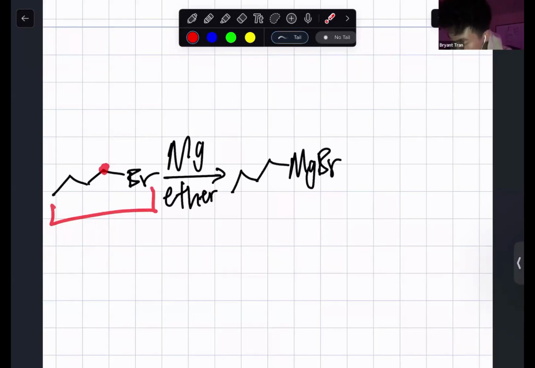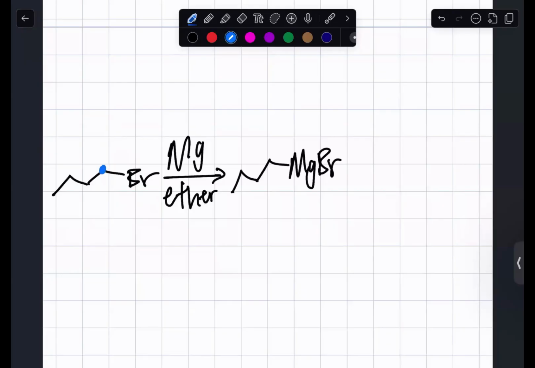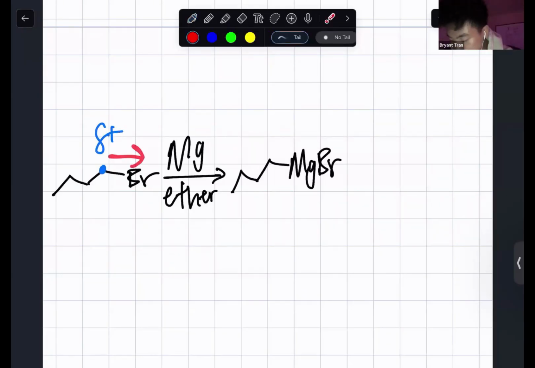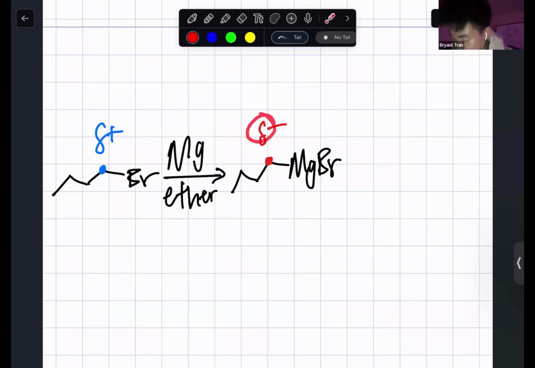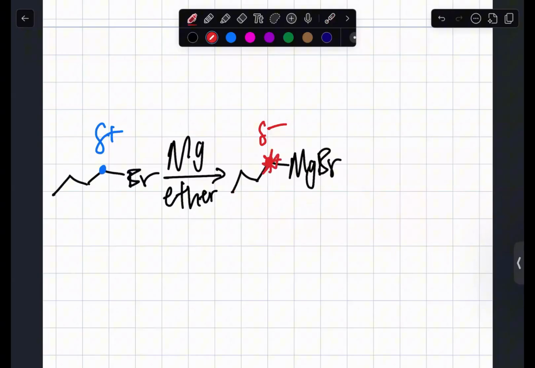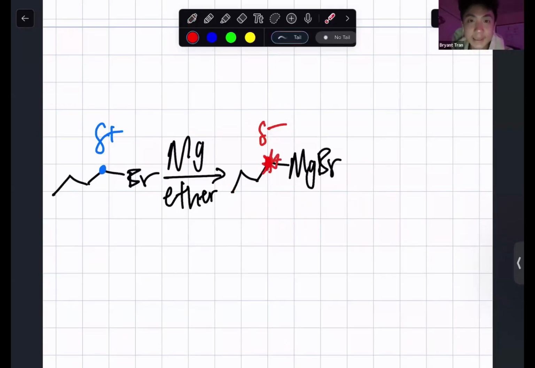What is the partial charge of this carbon if it's attached to this bromine? Partial positive, because it's attached to an electronegative atom, bromine. But if you look at this carbon directly attached to the magnesium, the partial charge is now partial negative, which is the nucleophile. This is the RMgBr Grignard reagent, which is going to attack an electrophile.